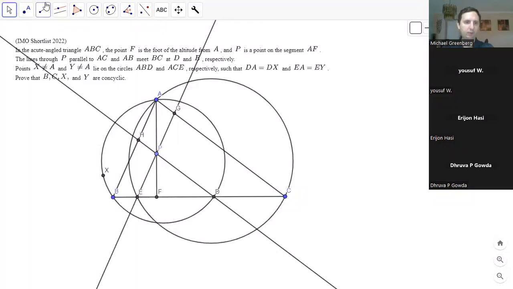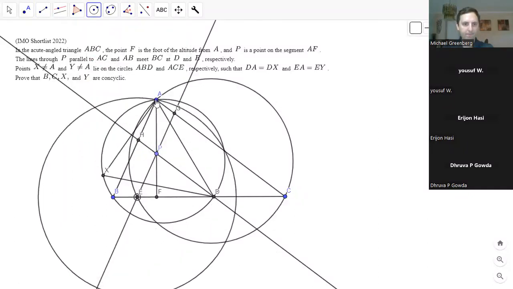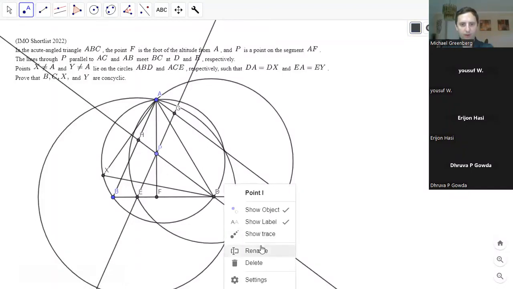So DA equals DX, so I'll draw this triangle. It's isosceles. And EA equals EY, so that's where it should intersect the circle ACE. So EA equals EY.